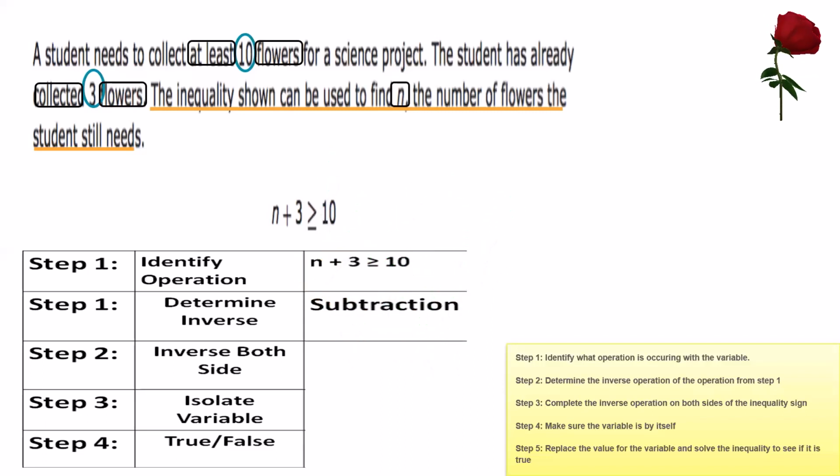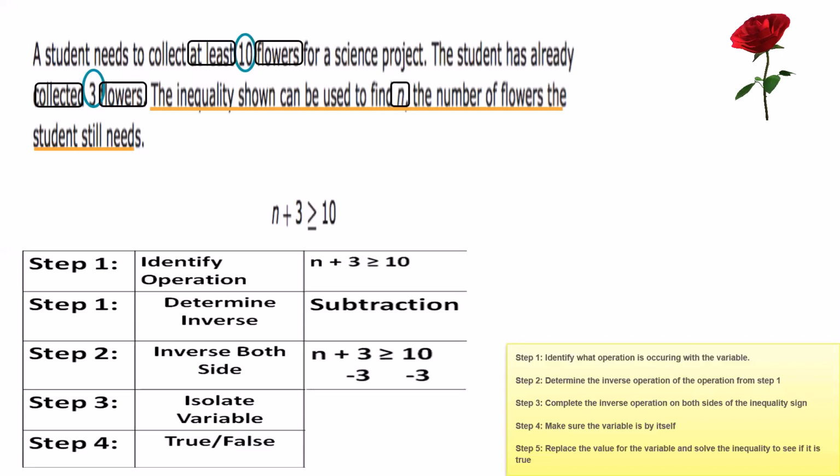Subtraction, yes. Now, I want to do the inverse to both sides. That means I want to subtract 3 from both sides. When I subtract 3 from both sides, I should be able to isolate my variable.